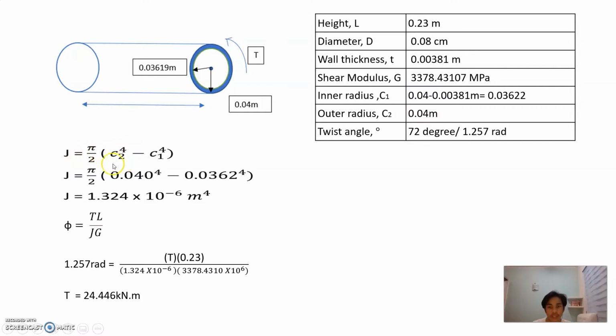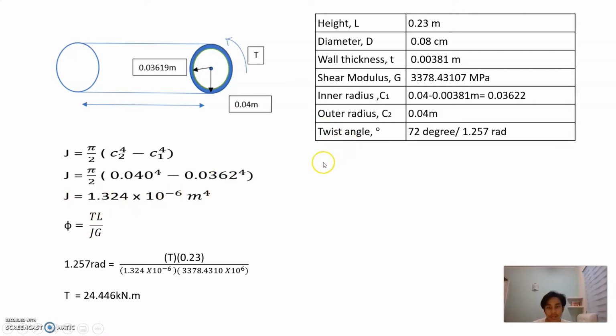This is the formula, for which we must get C2 and C1. C2 is the outer radius, which is equal to 0.04 meter. For the inner radius, we get it by subtracting the thickness of the water bottle from C2. So we get 0.03622 meter, and J equals 1.324 x 10^-6.